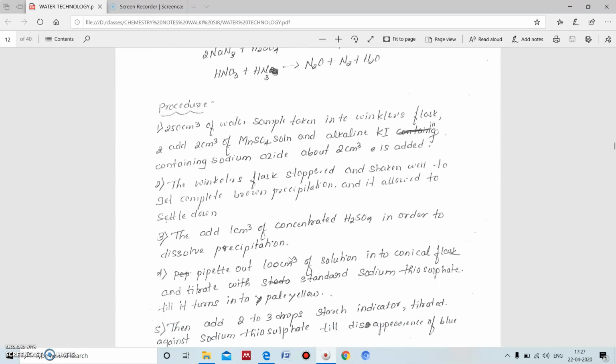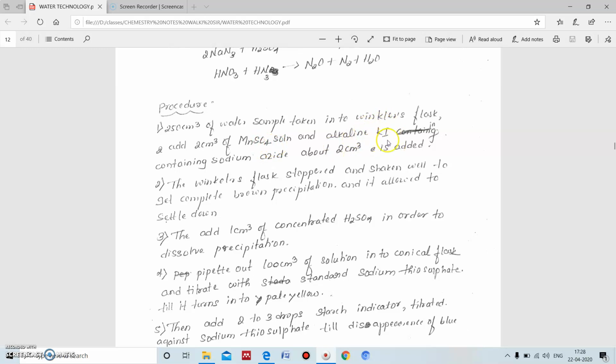The procedure involved in Winkler's method is, we take 250 cm cube of water sample in the Winkler's flask. Then we add 2 cm cube of MnSO4, that is manganese sulfate solution, and alkaline KI.